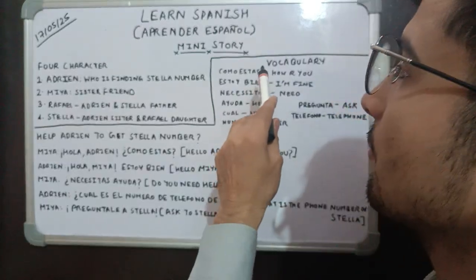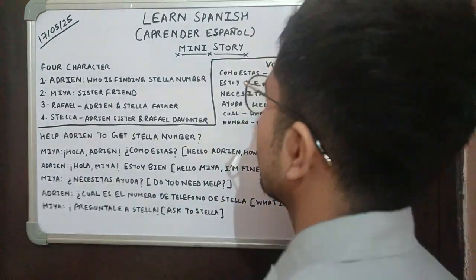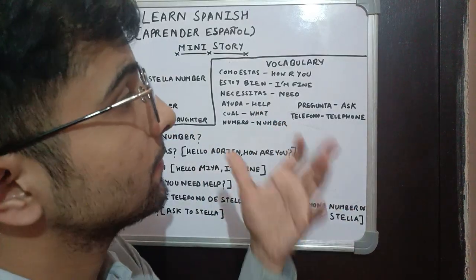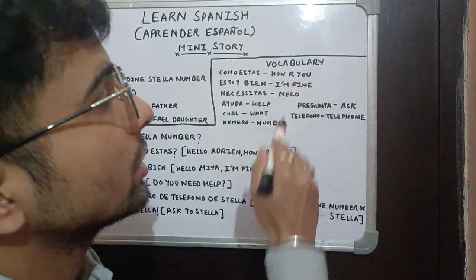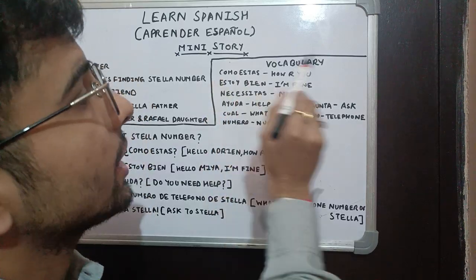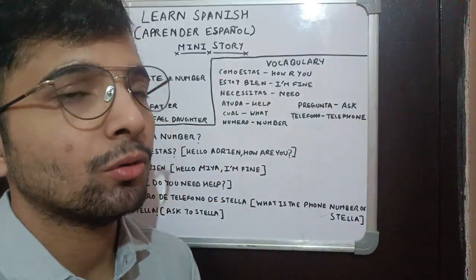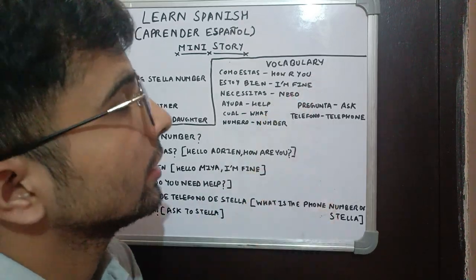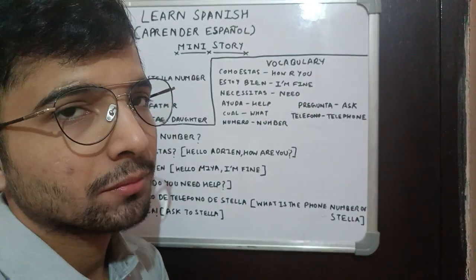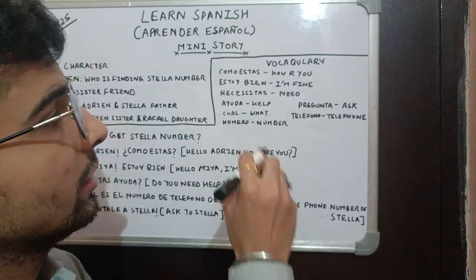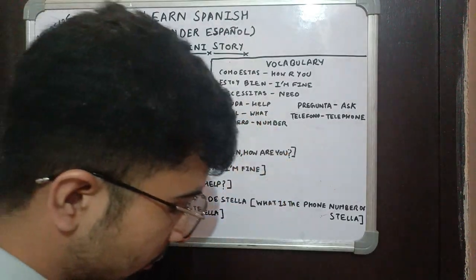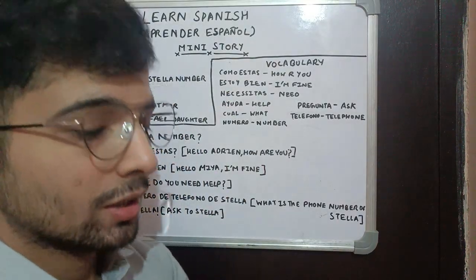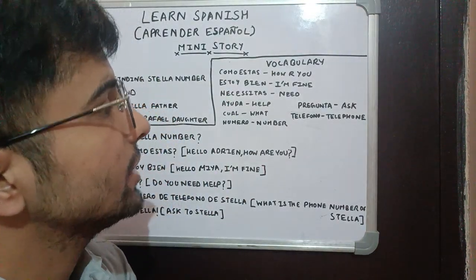So there are some vocabularies, that is, how you say things in English and what you say in Spanish. For example, how are you? What do you say in Spanish? ¿Cómo estás? You already know. ¿Cómo estás? How are you? I am fine. Estoy bien. Necesitas is need.